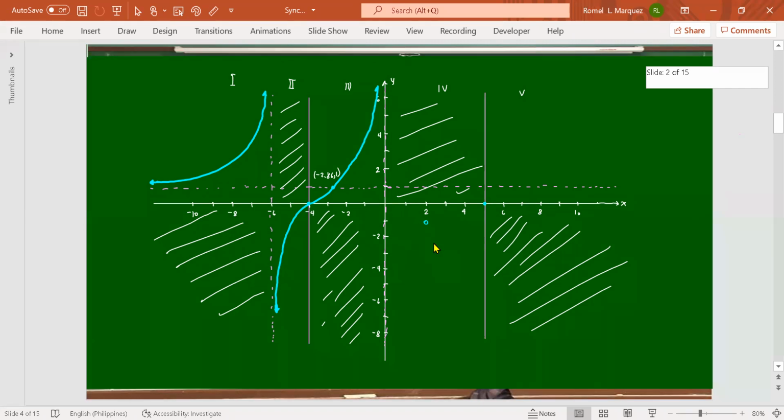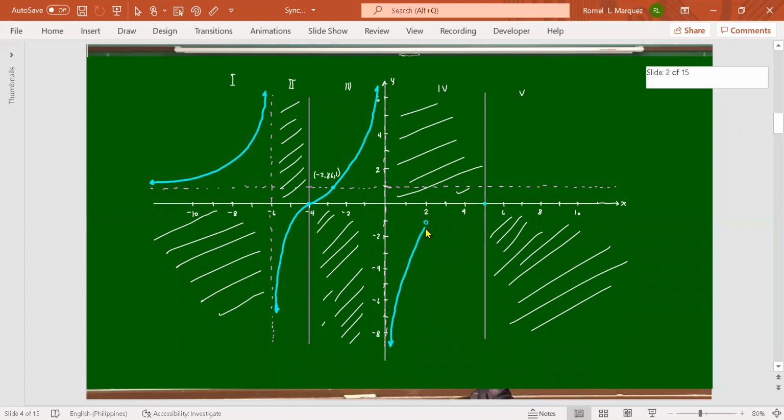In the fourth region, we have a curve asymptotic to the y-axis. It comes from here, asymptotic here, going upward, and then getting away because it has to go through this hole.